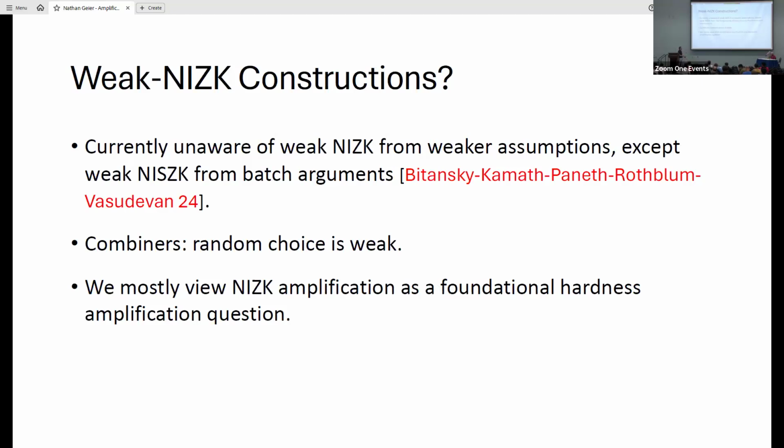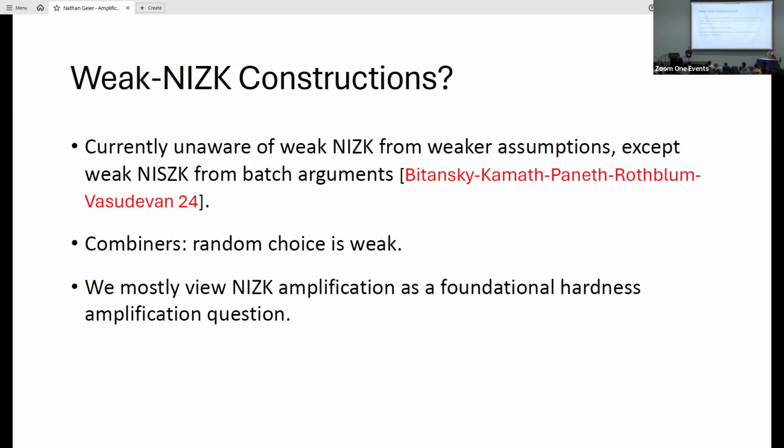Now, I just want to mention that we are currently not aware of natural constructions of weak NISQ from weaker assumptions, except for just one example in a recent work where they construct weak non-interactive statistical zero knowledge from batch arguments.